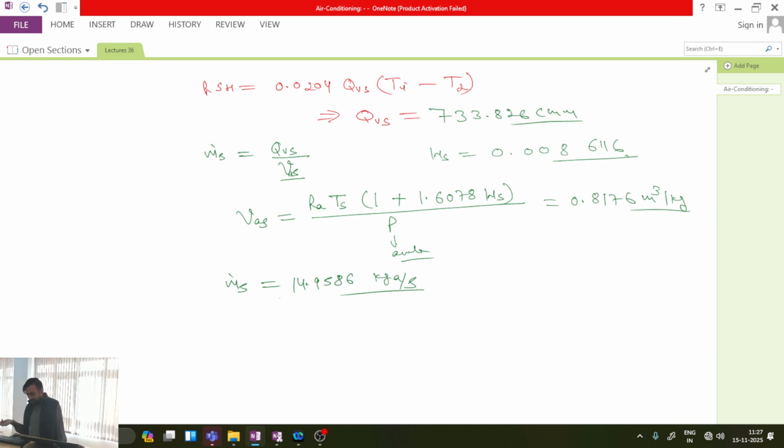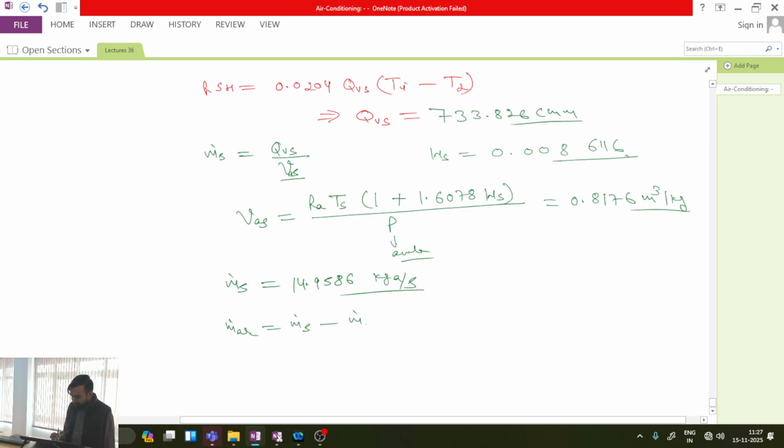If you have to calculate how much amount of air is circulated, then how you can calculate? M dot AR, that must be equal to m dot S minus m dot A naught. Is this point clear? How to calculate m dot A naught? Rho naught into QV naught, okay, or QV naught divided by V naught.